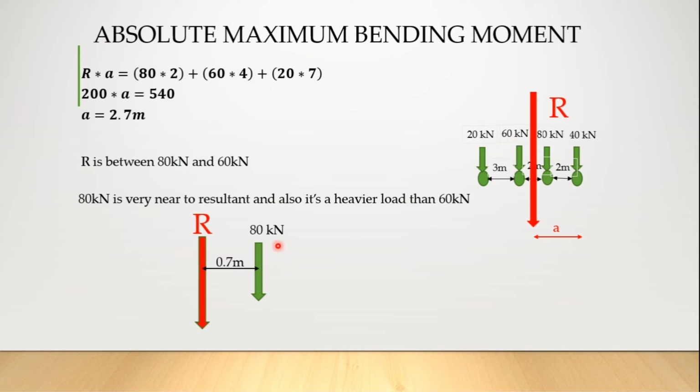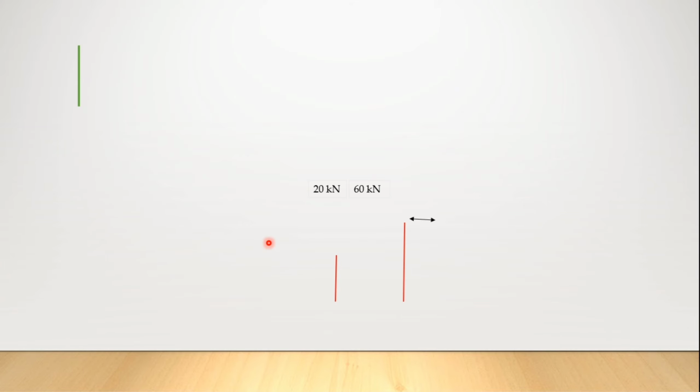The distance between 80 kilonewton and the resultant is 0.7 meter. Since 80 kilonewton is the nearer load and also the heavier load, we don't have to go for another trial. If instead of 60 it was 100 kilonewton, then we would have to go for another trial.